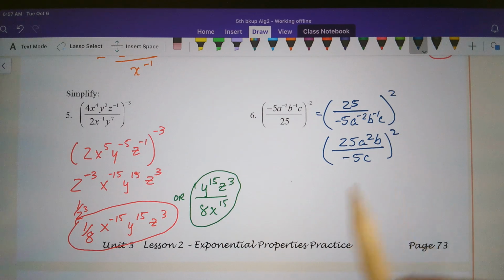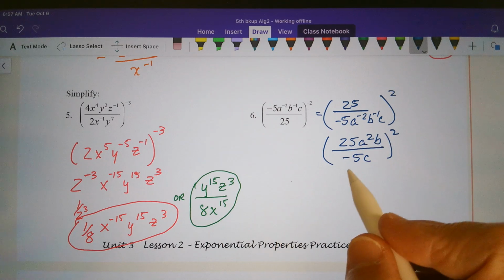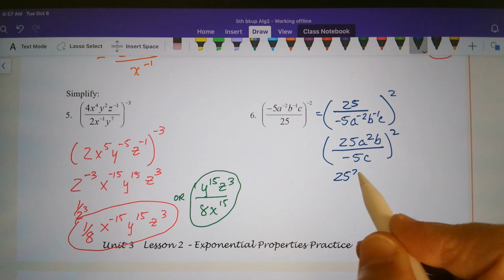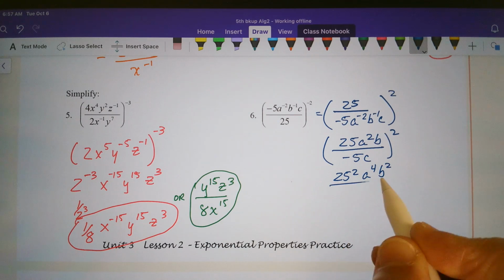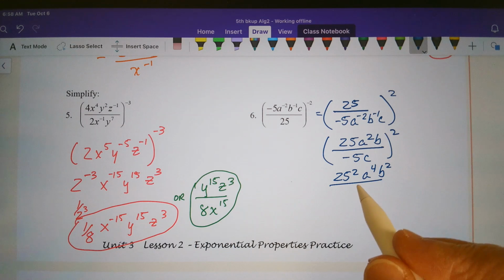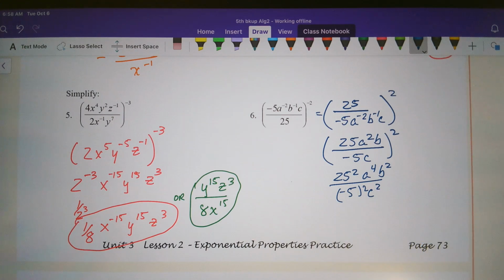And now distribute. So this would be 25 squared a to the 4th b squared over negative 5 squared c squared. Negative 5 squared is 25.